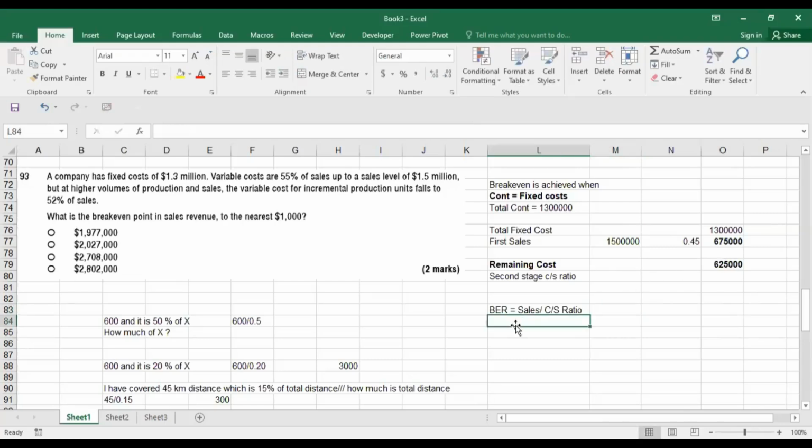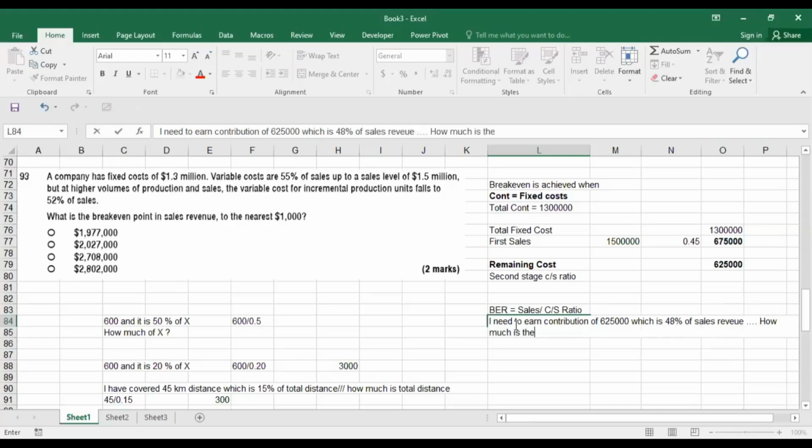Say here, I'm writing a statement. I need to earn contribution of 625,000, which is 48% of sales revenue. And now I'm asking a question: how much is the sales revenue? Can you tell me now?